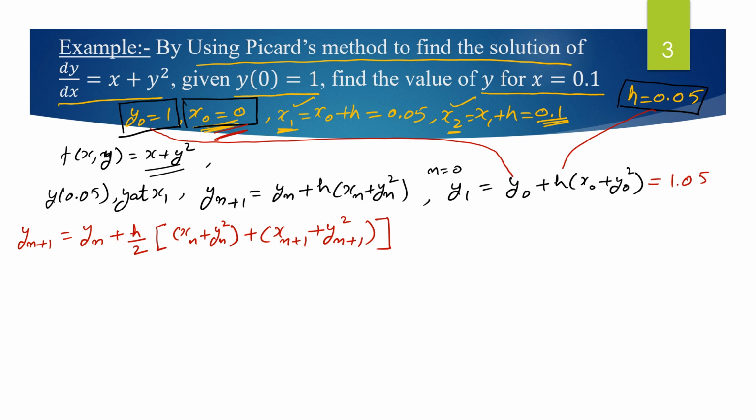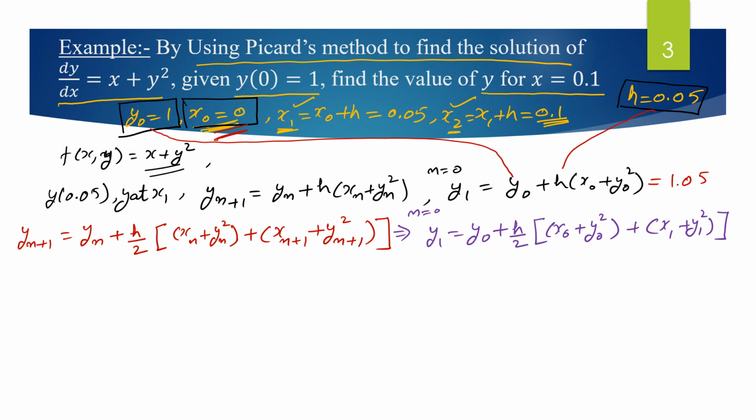Now when we substitute the values, when n is 0, the formula will be y1 = y0 + h/2 [(x0 + y0 square) + (x1 + y1 square)].